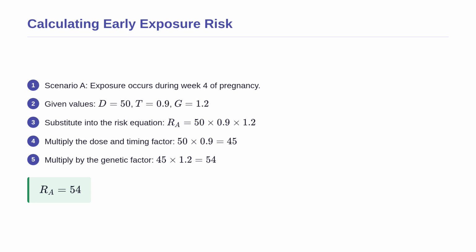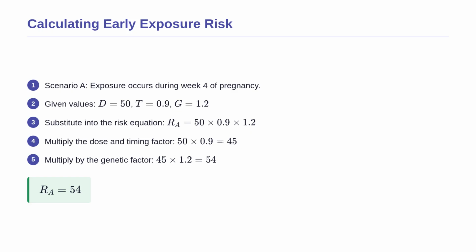Let us apply this formula to a practical scenario. Suppose a pregnant woman is accidentally exposed to 50 units of a chemical teratogen during week 4 of pregnancy. We are given a high timing factor of 0.9 and a standard genetic susceptibility of 1.2. We want to find the total risk score. We substitute these values into our equation.